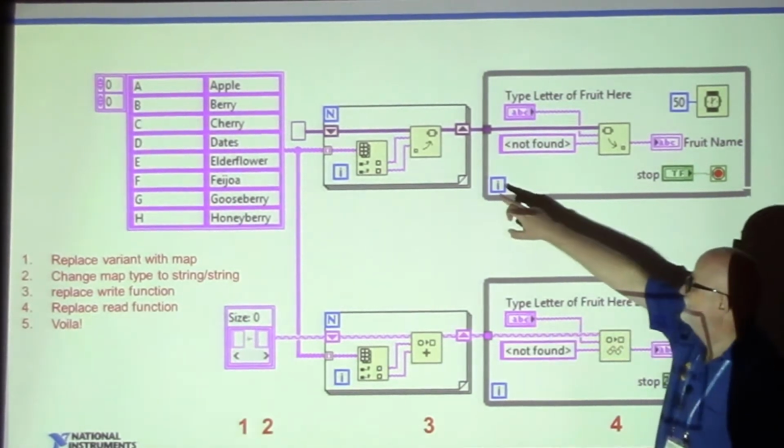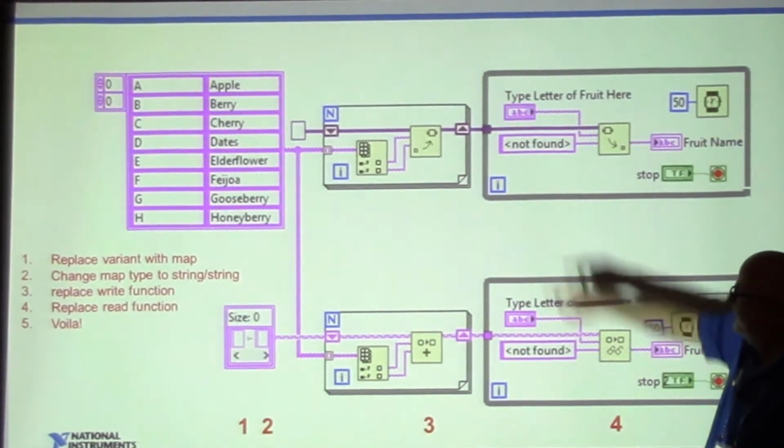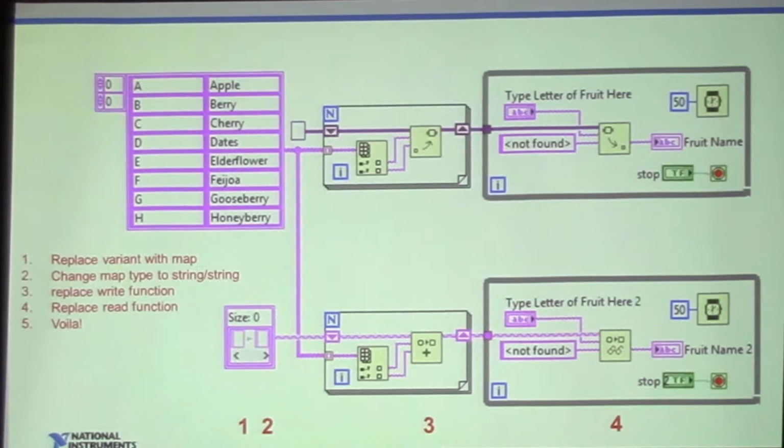We just replace set variant attribute with insert into map, and to get it out, we read from map. We have a default value, not found, fruit name, and we type a letter. And the function is exactly the same, except now we don't need to know anything about variants, right? This is really confusing to some. Now it's a map, and we look up in the map.